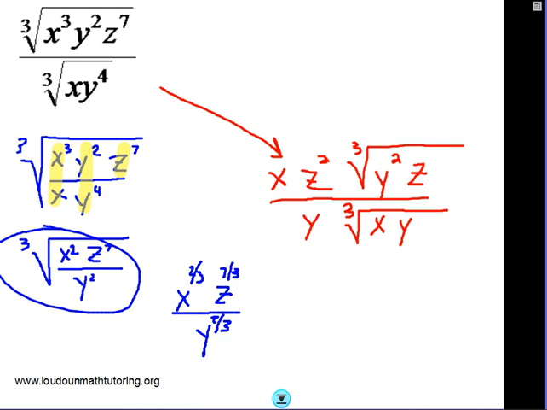Let's turn this back to red here. You've got x, you've got z squared. This is going to be y to the 2/3. This is going to be z to the 1/3, all in the numerator. Okay, denominator becomes just y.